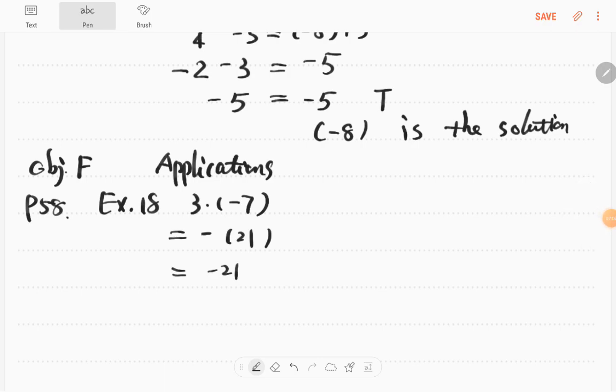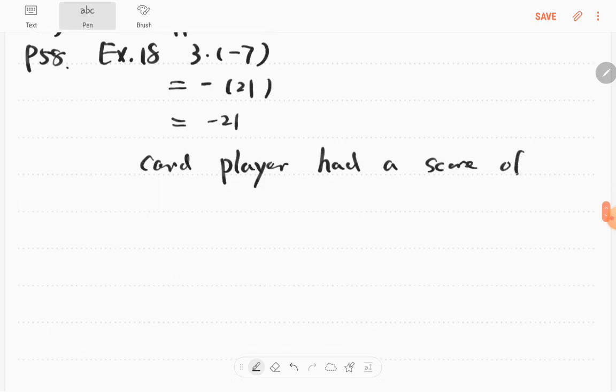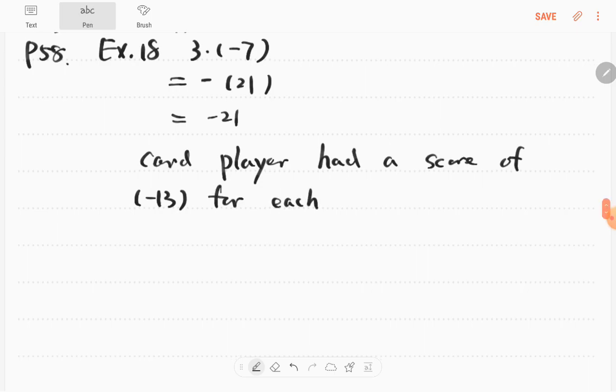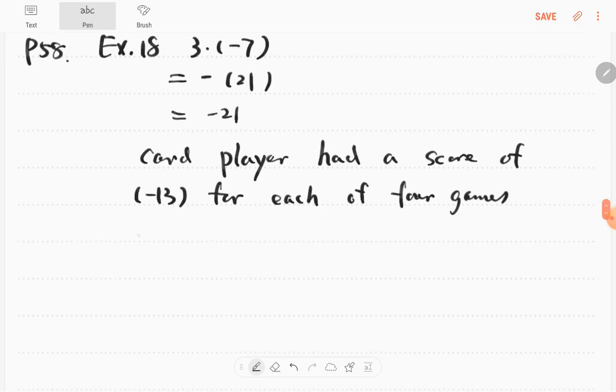We can check another one. So if a card player had a score of -13 for each of 4 games, find the total score.